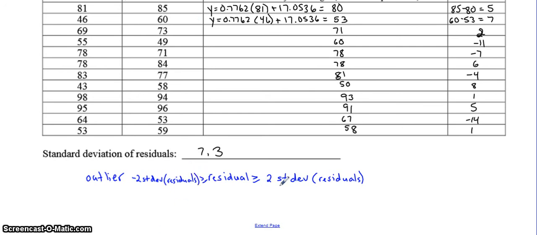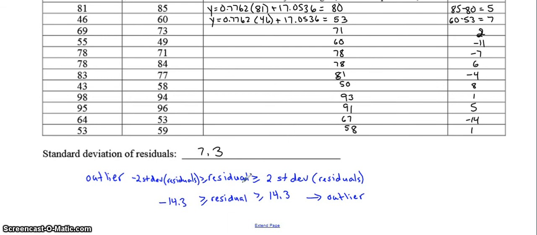So 2 times the standard deviation is 14.3. Negative 2 times the standard deviation is negative 14.3. So any residual bigger than that or smaller than that is an outlier.